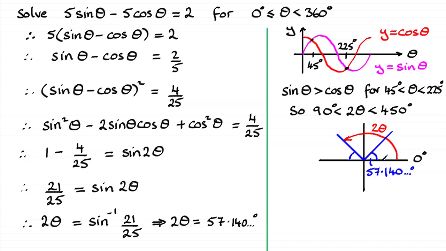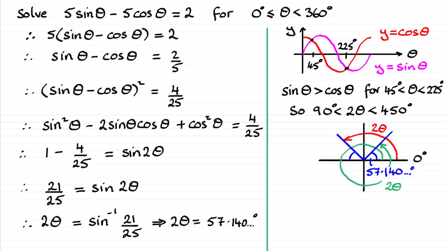So we need a solution that goes from here all the way round, right the way around past the 360 degrees up to this blue line here. And that's a possible 2 theta, which is less than the 450 degrees, which would take us up to this line here. So we don't need to go round anymore, not to this blue line here. We've just got these 2 solutions for 2 theta.